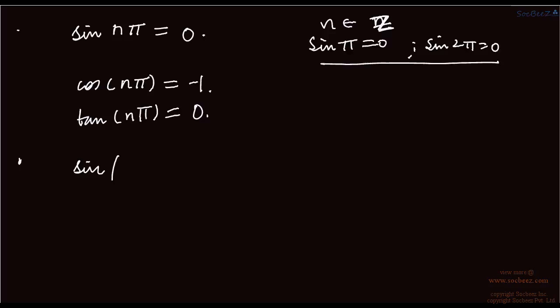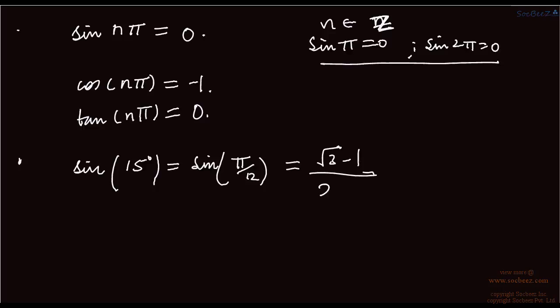Now I'm going to dictate some 15 degree angles and 75 degree angles, which you have to remember. First of all, sine of 15 degrees, or sine of pi by 12, is equal to root 3 minus 1 by 2 root 2. There is an explanation, but I'm not going to do it because it's not necessary for you right now. Cos 75 degree is equal to cos 5 pi by 12.